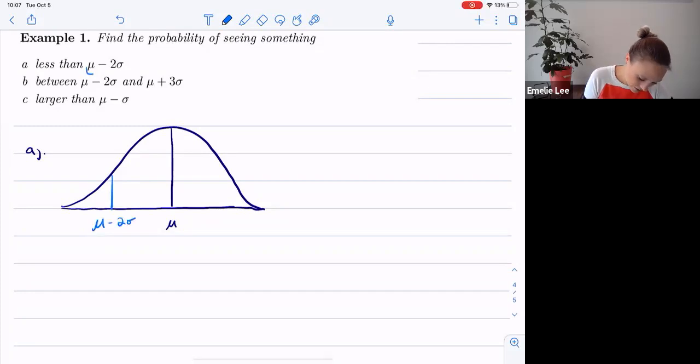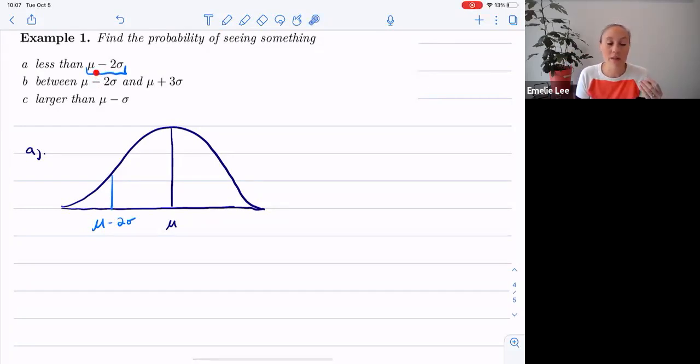that if I'm interested in mu minus 2 sigma, yeah, that is why teaching math is difficult, because we all have these different processes. So this is the point that I'm interested in.